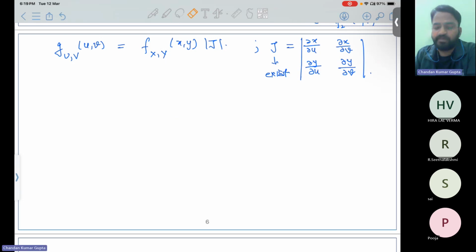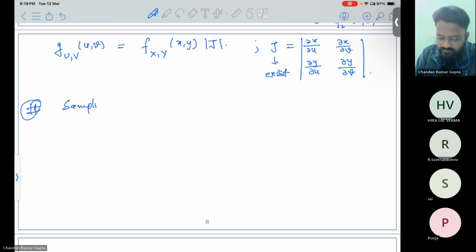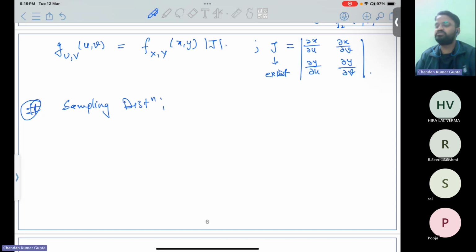Now, sampling distribution. A sampling distribution is the distribution of a statistic. The probability distribution of a statistic is called the sampling distribution.